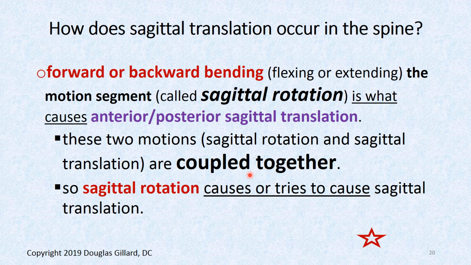So sagittal bending and sagittal translation are coupled together. Well, they're coupled together, but really it's the sagittal rotation that causes the sagittal translation. Everybody good with that? Think about that.